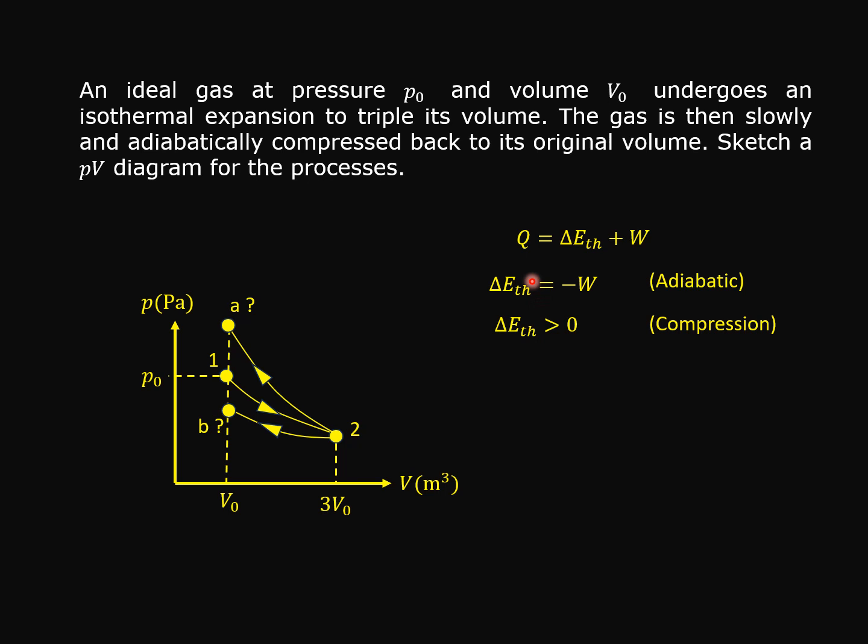That means the change of the internal energy of the gas should be a positive value in this process of adiabatic compression. The internal energy change of the gas relies on the temperature of the gas. So if the internal energy change is positive, that means the change of the temperature of the gas also should be positive.